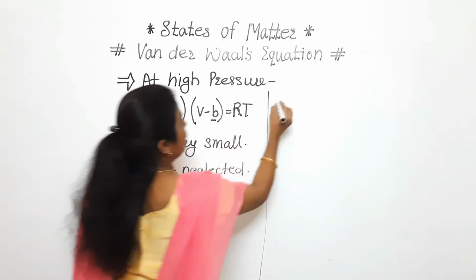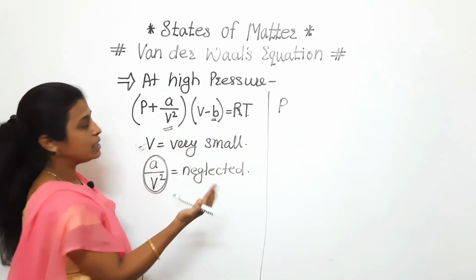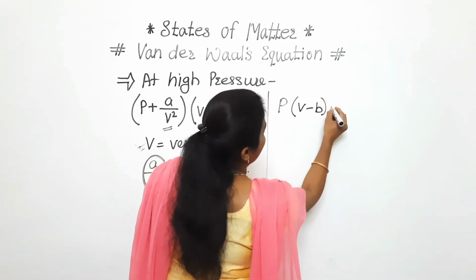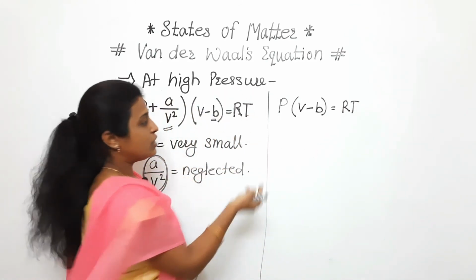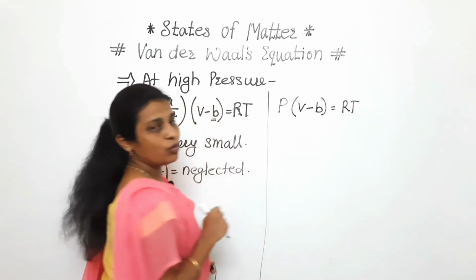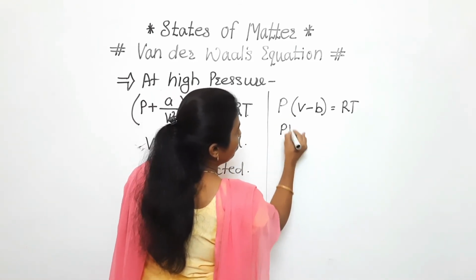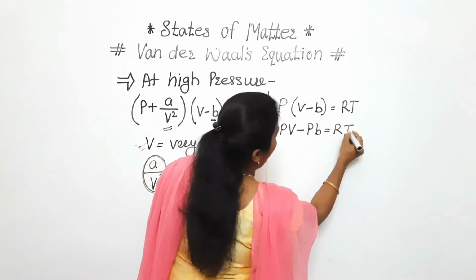Now see here. P will remain, because A by V square is neglected, into V minus B is equal to RT. Similarly, previously we multiplied with the volume; here we are multiplying with the pressure. So the equation will be PV minus PB is equal to RT.